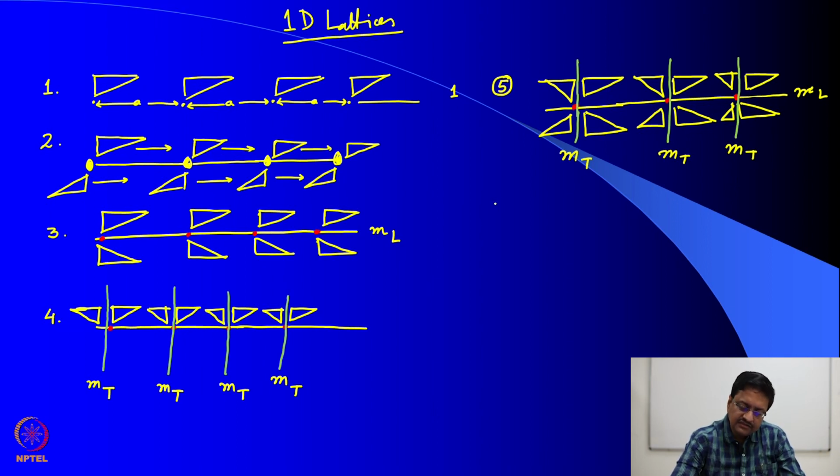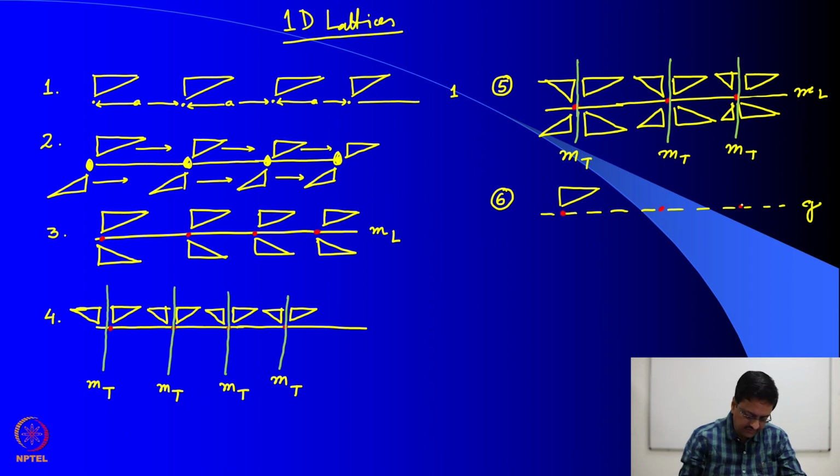The next, or sixth, type of lattice that one can think of in 1D is a glide. So if I draw a glide plane like this, then the object which may be here has the translation from this point to that point to that point.